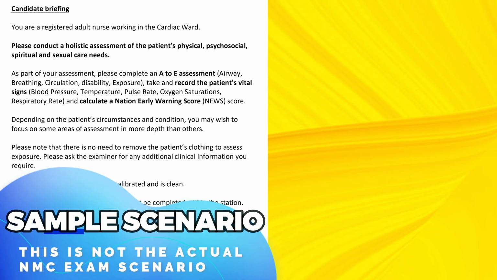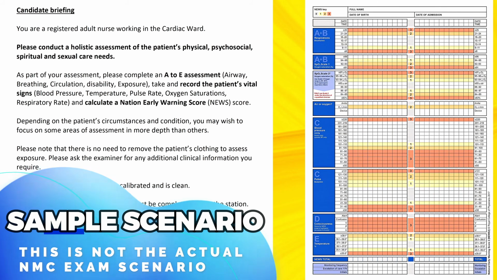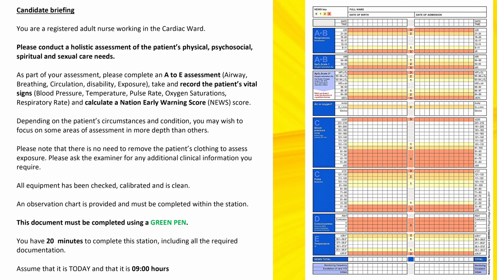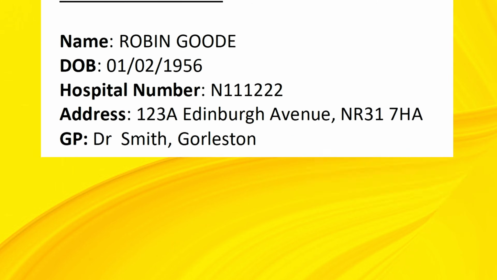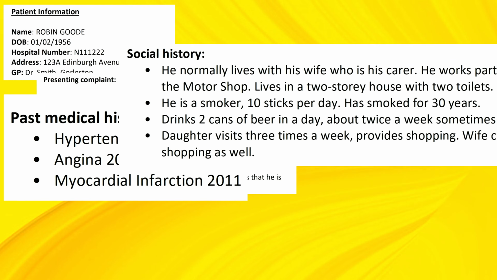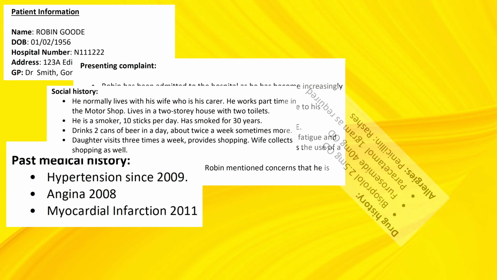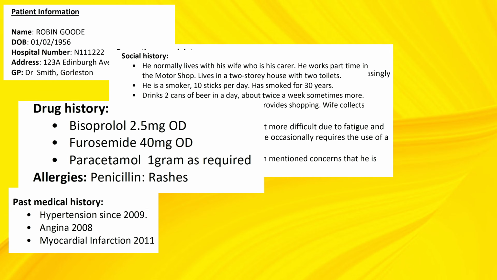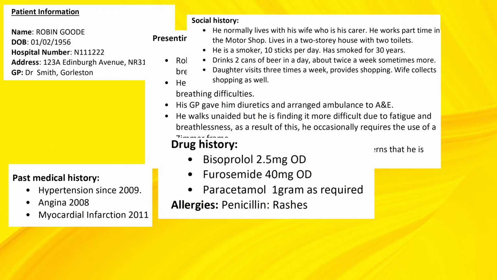You will be given papers in which you need to read the candidate briefing, including the patient scenarios, consisting of the patient information, presenting complaint, past medical history, social history, drug history, allergies, and other relevant information regarding the patient.